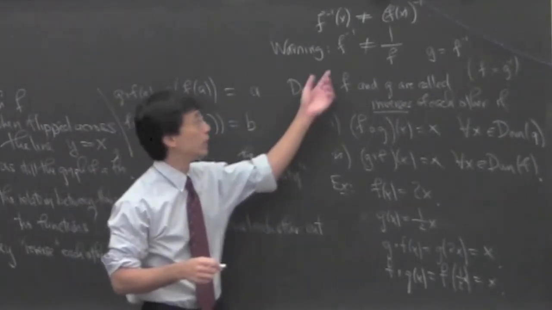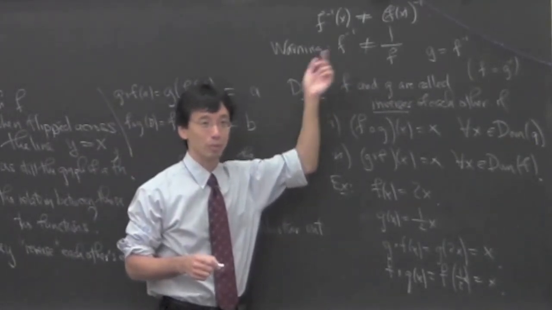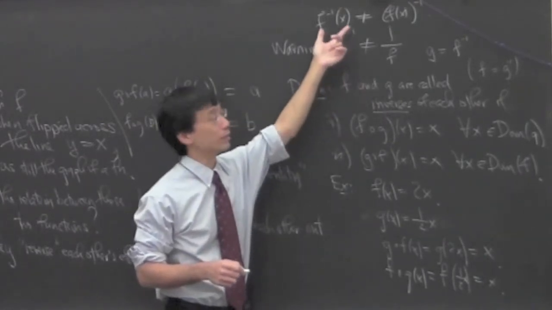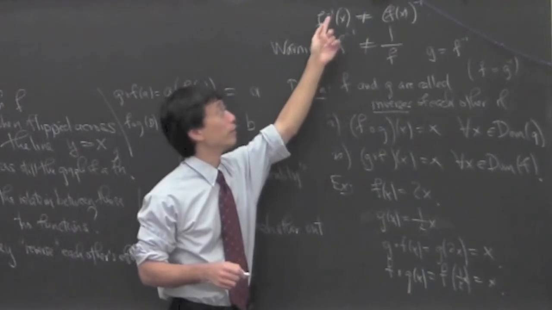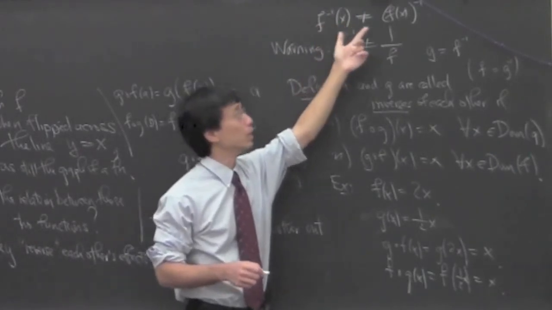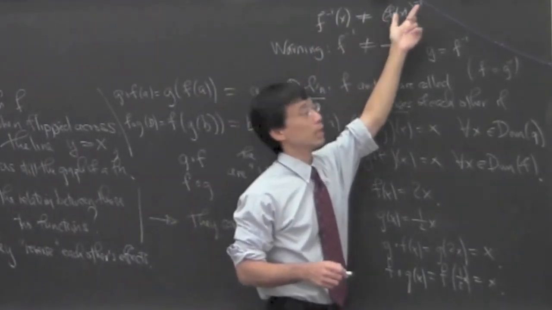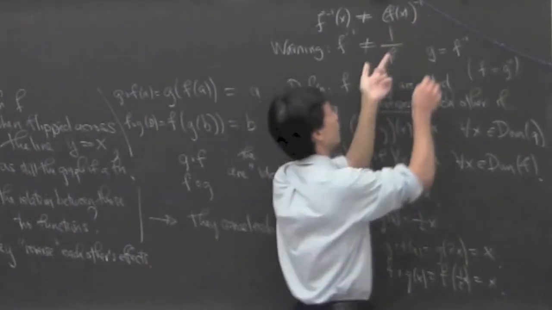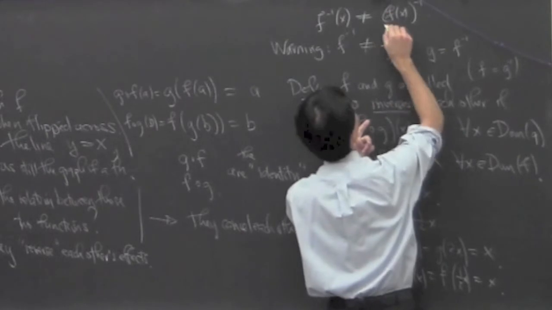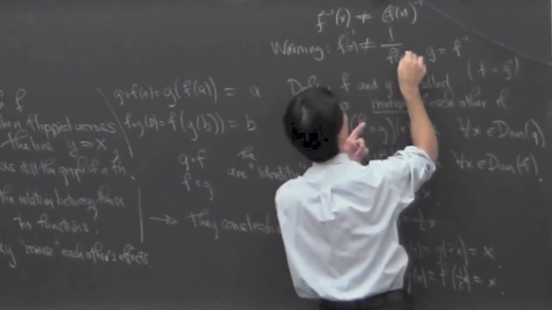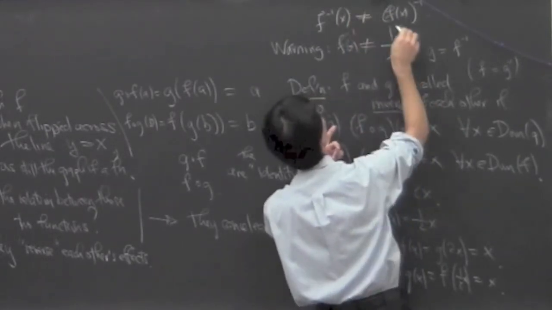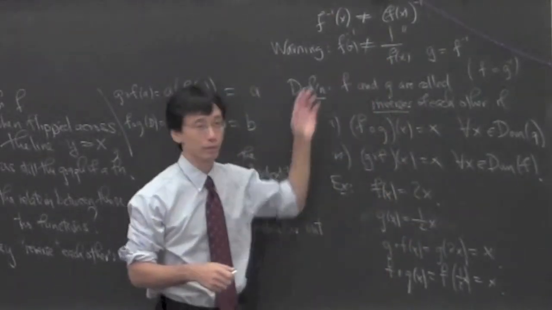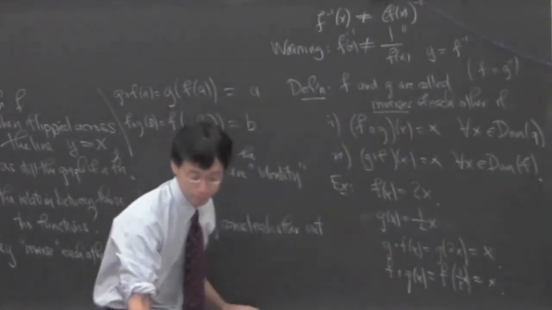I know the notation is confusing, but this is how people notate inverses. Don't confuse these two things. When we write f inverse, we mean the inverse. When we write f of x to the negative 1, we mean the reciprocal, 1 over f of x.